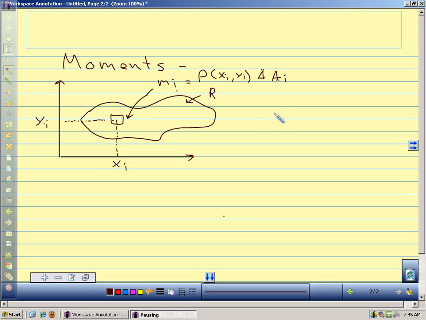So our moment about the x-axis is m sub i, y sub i. This mass weighted by its distance from the x-axis, and that is from our diagram here just going to be rho of x sub i, y sub i times y sub i times delta A sub i.